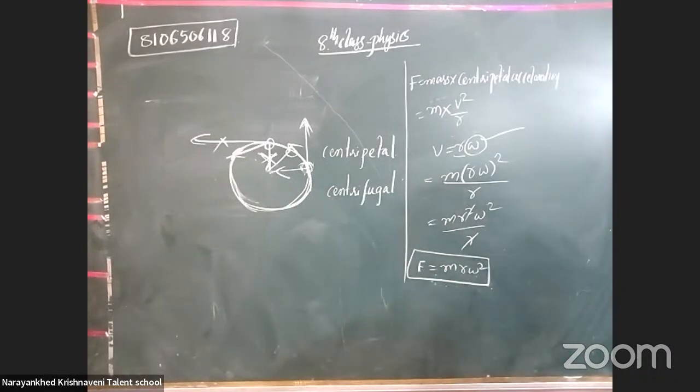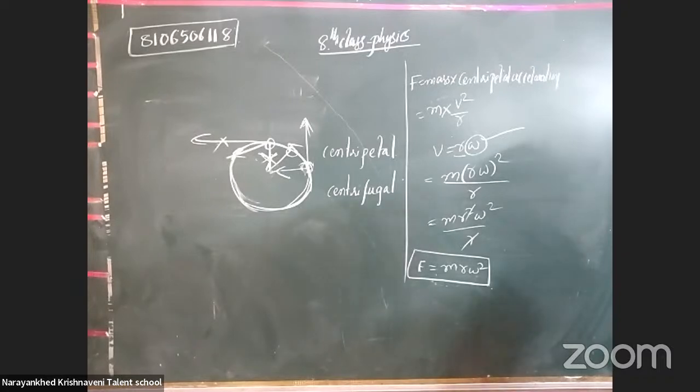Examples of the centripetal force: the gravitational force. Suppose you take a stone and tie it at the end of a string and whirl it in a circular path, the centripetal force is provided by the tension in the string. When a car takes a turn on the road, the frictional force between the tires and the road provides the centripetal force.